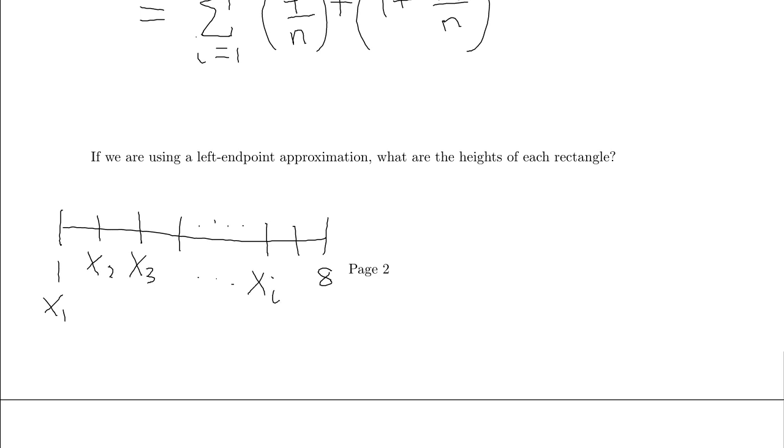If we want to figure out what that ith endpoint is going to be, again, we know that the distance between each subinterval is 7 over n.